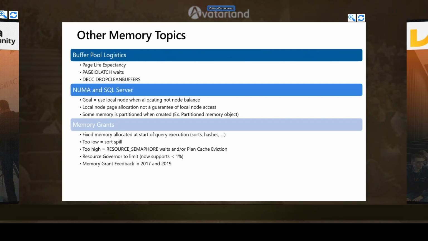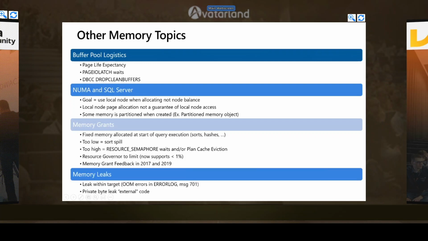So you now can use a floating point number and set it to a number lower than 1, like 0.1 or 0.5 or whatever. But really important is this: in 2017 and 2019, and in Azure as well, we have memory grant feedback so that after the first execution of a query, we can adjust the grant to avoid these spills and avoid these resource semaphore waits.